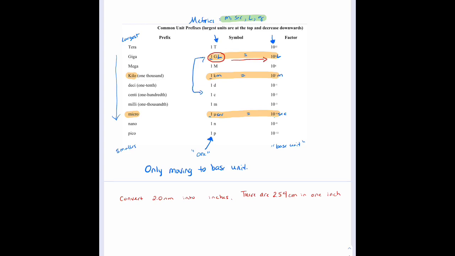And then once you have that relationship to the liters, then go from a liter to a centiliter. So what I'm saying is that you're always going to move to the base unit. And if you have to go to another prefix, then go to the next prefix unit. So we're going to practice using this chart.